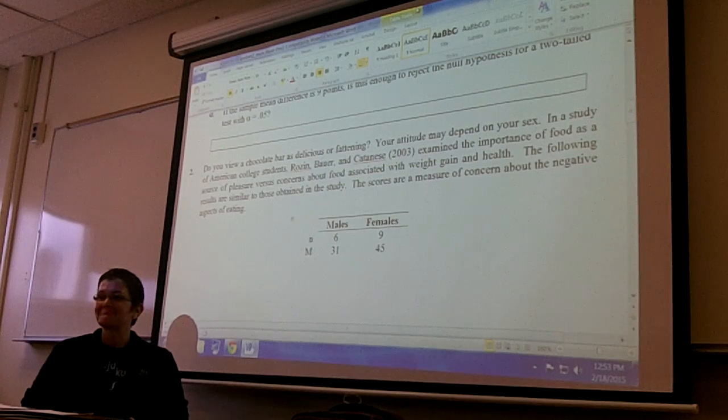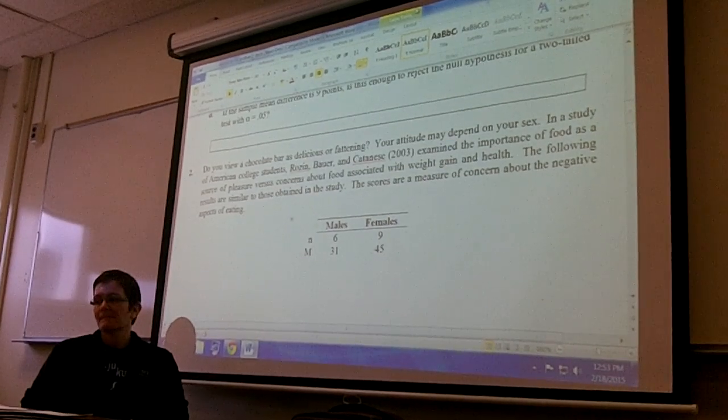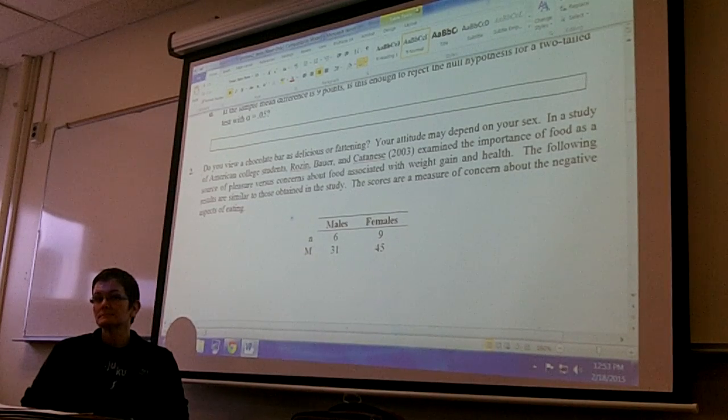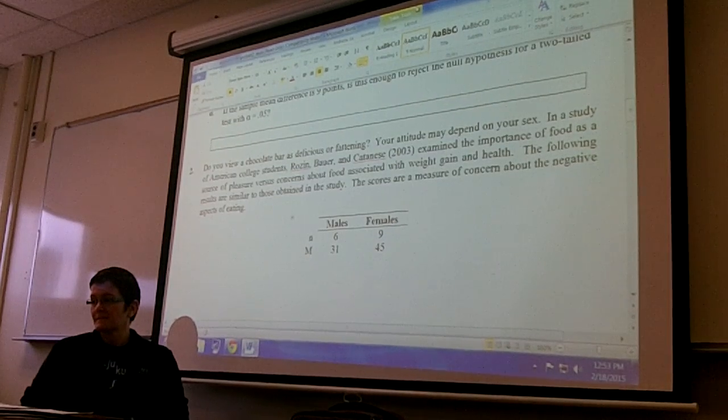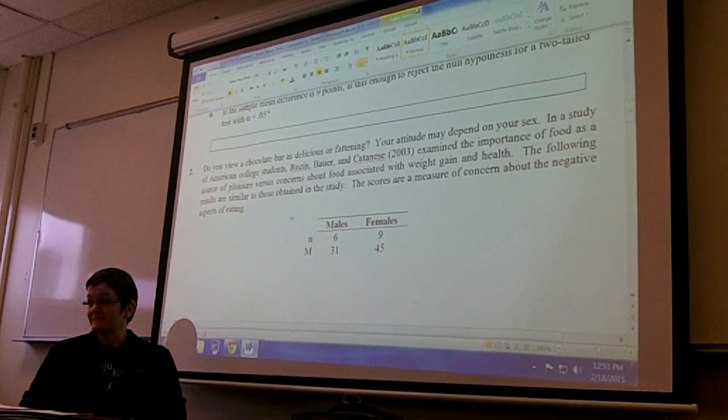Okay, hold on. It's not after. There's no before and after this time. It's all at the same time. When the importance of concerns of negative aspects of eating was measured, women were more concerned about chocolate being fat than men.